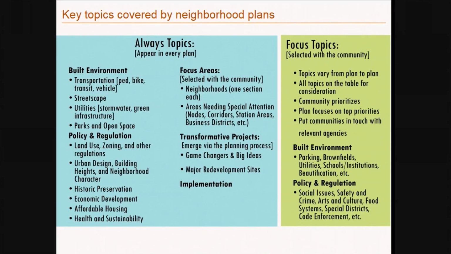The food systems: are there food deserts in these neighborhoods? Do we need to talk about food? And then special districts. Typically, we talk about special districts when we're trying to implement a corridor improvement or code enforcement. So these are all topics, and this is not an exhaustive list. Things come up during the planning process, and we always work to prioritize those into recommendations.